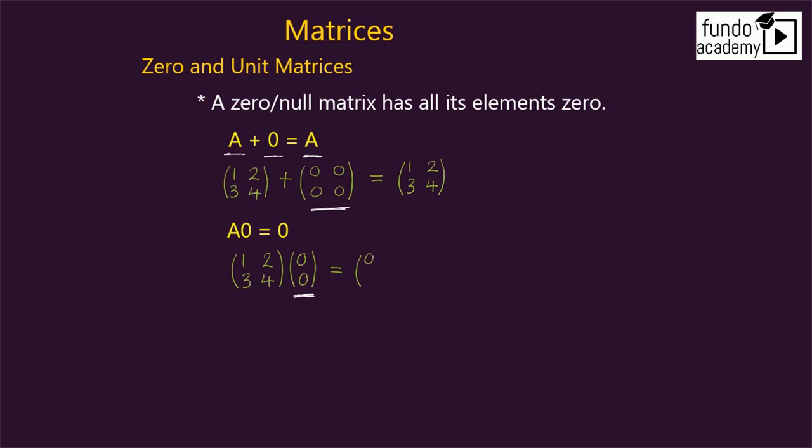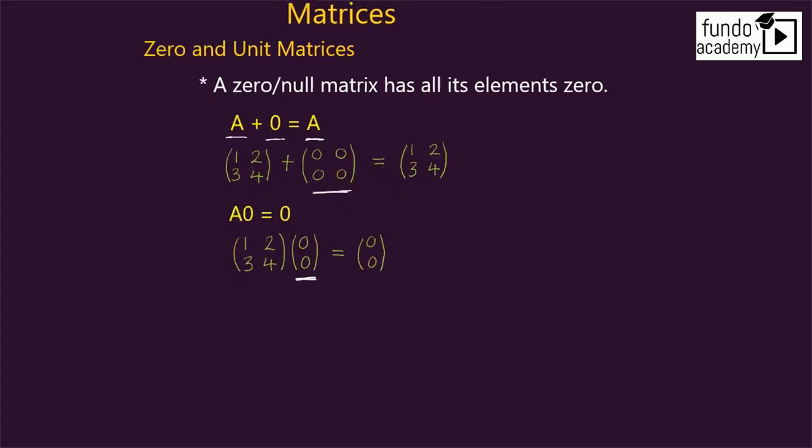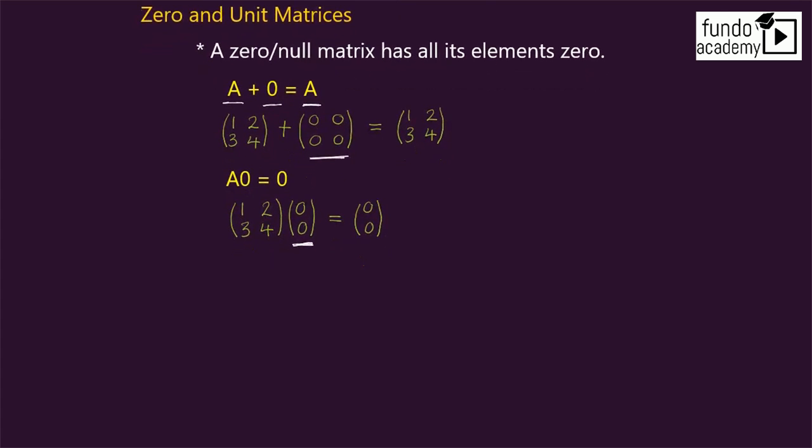And next we multiply this row by this column again, and still what you're gonna get is 0. So the solution here will come out a null matrix, a zero matrix, which is a 2 by 1 matrix 0 0. So multiplying a matrix by a zero matrix will give you a zero matrix as the solution.